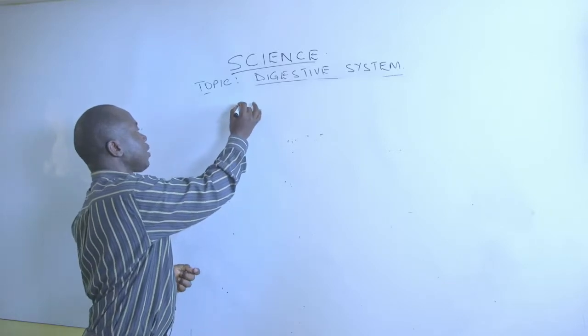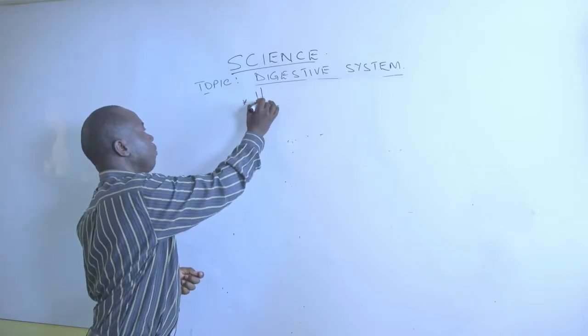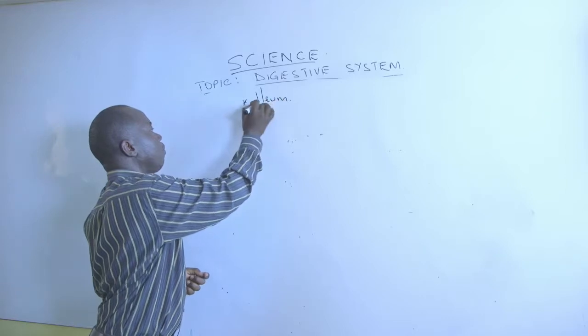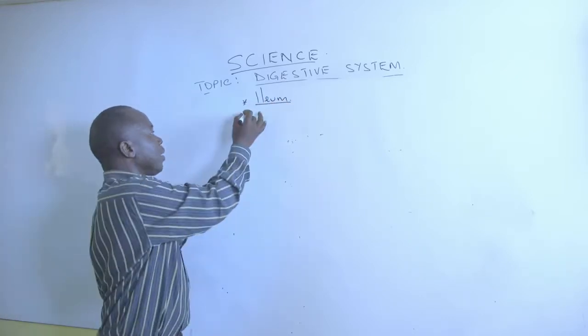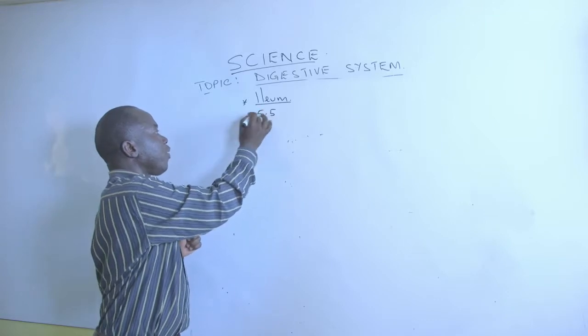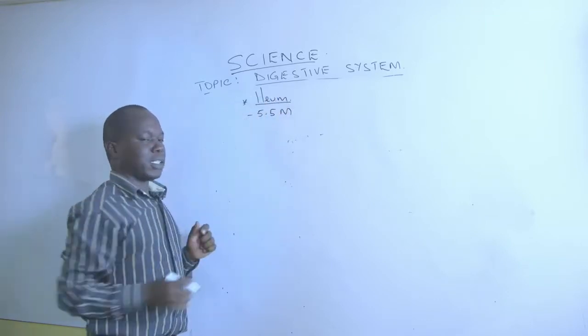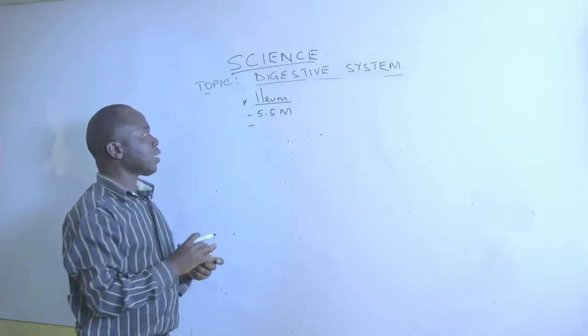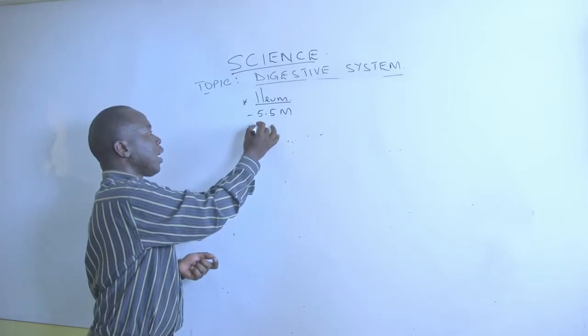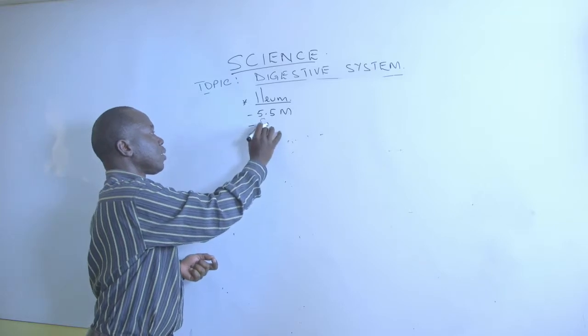Another part of the small intestines is the ileum. The ileum forms the longest part of the small intestines, about 5.5 meters in length. One characteristic of the ileum is that it is highly folded.